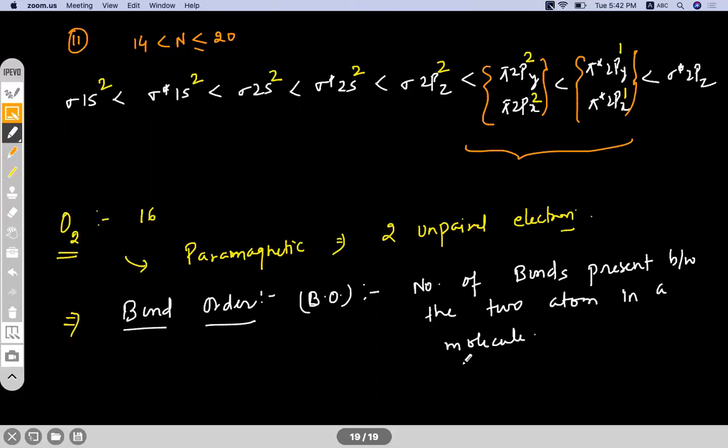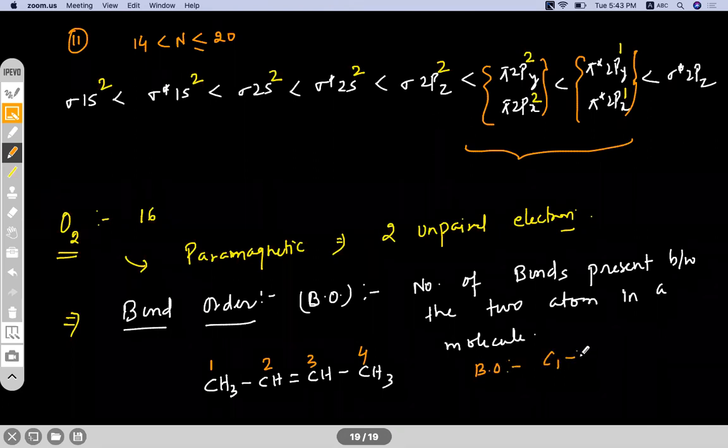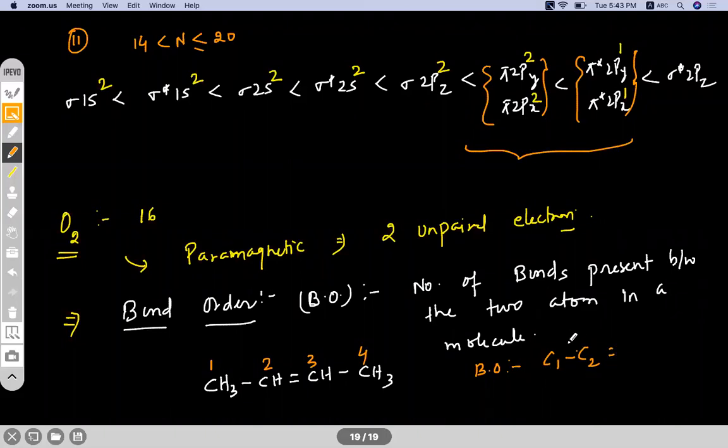Now, if I take this molecule, which is CH3, CH double bond, CH single bond, CH3. Suppose this is the first carbon, the second, third, and fourth. If I ask you, what is the bond order of C1C2? What is your answer? 1, because there is only one bond present.